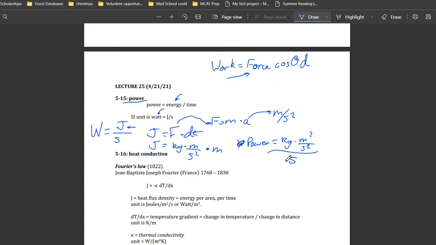And then when we do the math, we get that power is equal to kilograms times meters squared per second cubed. Because dividing this fraction out, we'd be multiplying by the reciprocal. So this would turn into kilograms times meters squared per second squared times 1 over s.